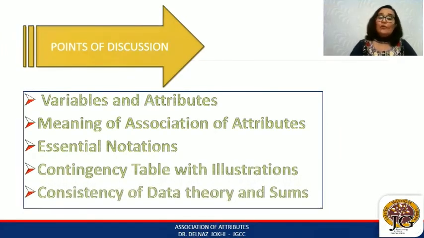Finally, we did the very important theory for your Gujarat University exam, that was consistency of data. We did the theory, the understanding, and the rules, and we did 2 sums of consistency of data. If you count the quiz sum, we have done 3 sums of consistency of data.